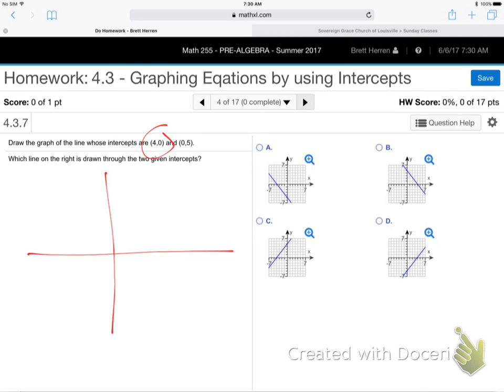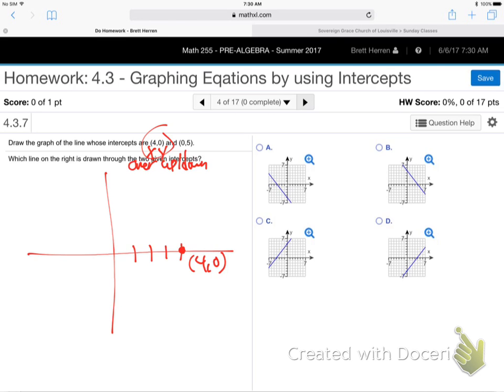So starting from the middle, remember the first number is always x, and the second is y. The first number is over, second number is up or down. So over 4, up 0. So it's right there, isn't it? Good so far? Yes. So that's the x-intercept.